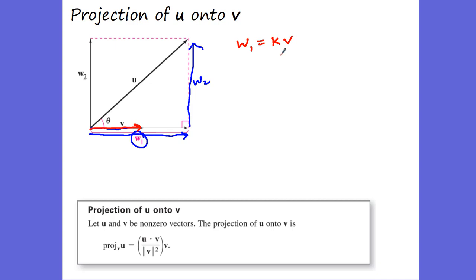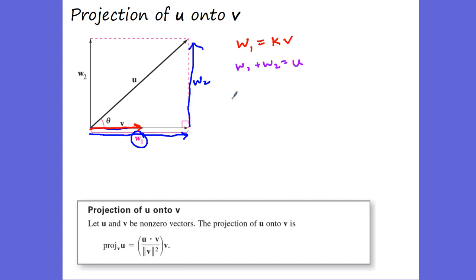It might be double, it might be less, it might be a bunch of different things. What I also know is that w1 and w2, if you add them tail to tip, equal vector u. And so what I have here is a projection.